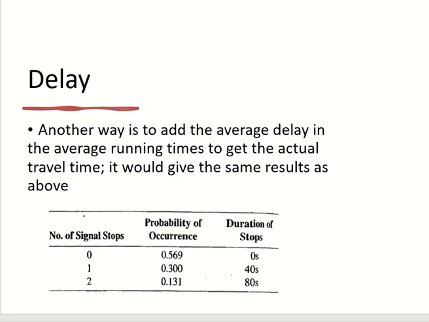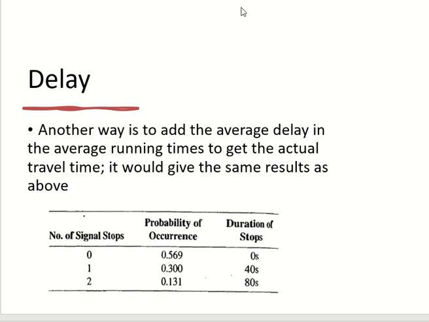Okay, so how do I calculate the overall average now? Using these numbers, I multiply the delay with its probability or chance. So the delay in this case will be 0.569 into 0 plus 0.3 into 40 plus 0.131 into 80. So the value multiplied by its probability or chance.